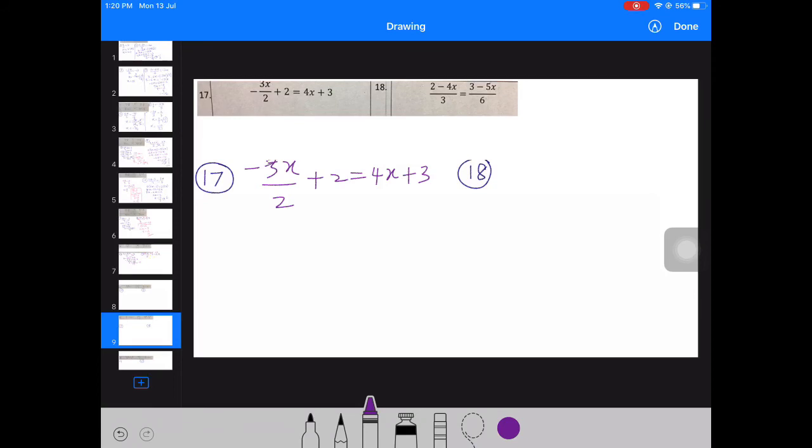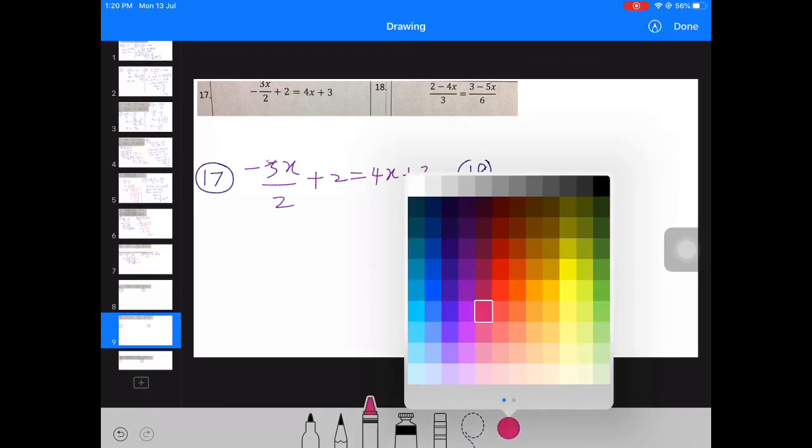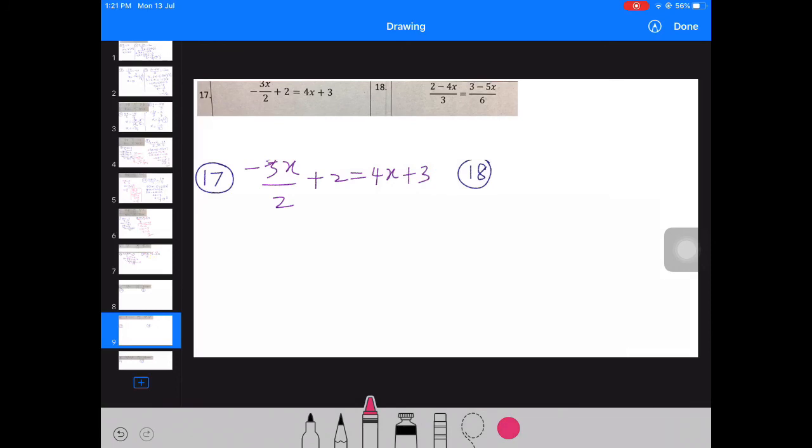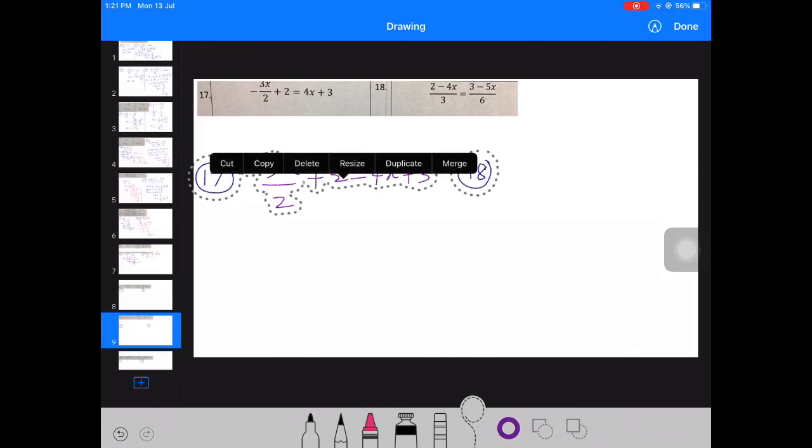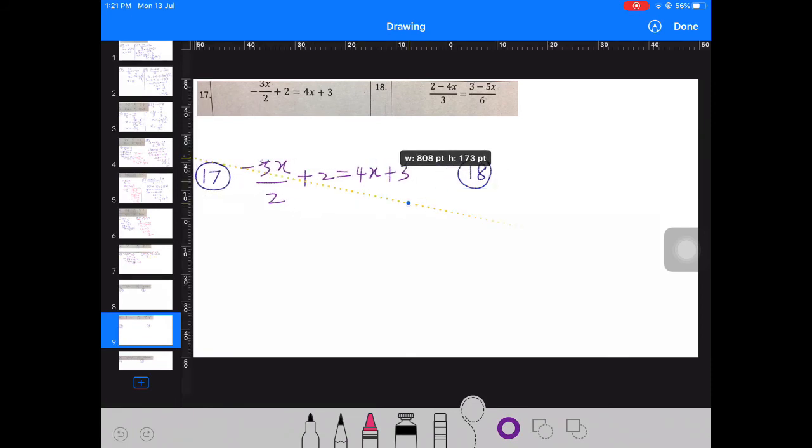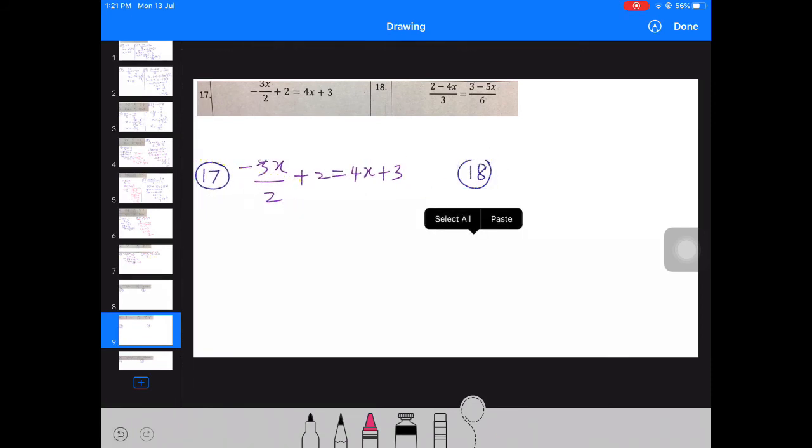So I have to multiply 2 each, sorry, let me resize this.